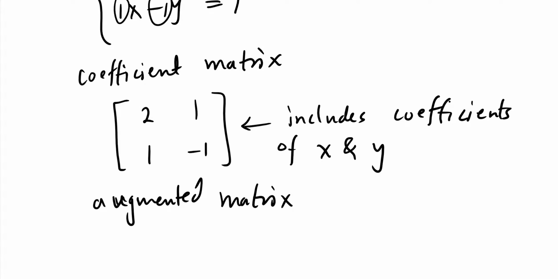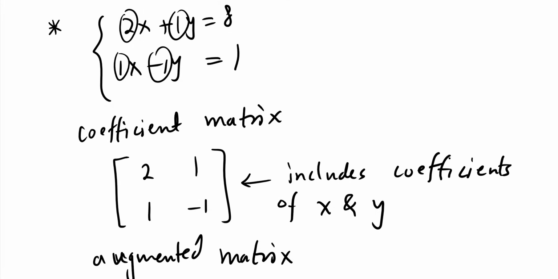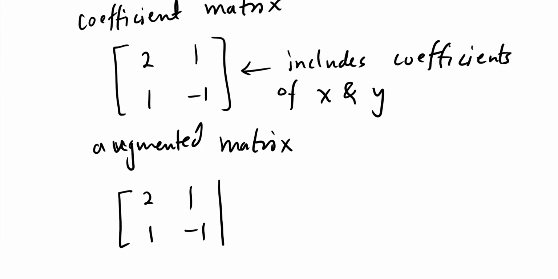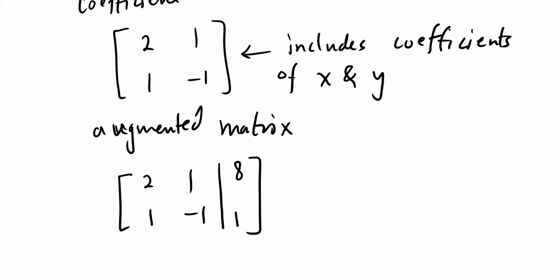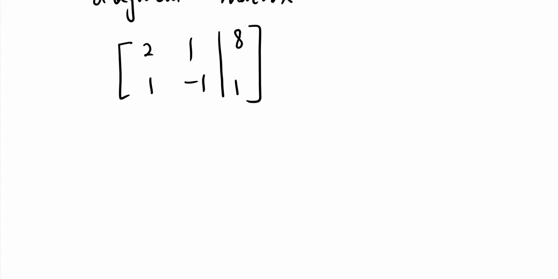This matrix includes all the coefficients, the 2, 1, 1, negative 1, and then we put a vertical line. It could be a dotted line or a dashed line. Then we put the constants you see on the right side, 8, 1. We're going to see why we're doing this.